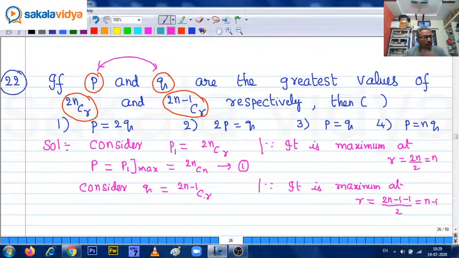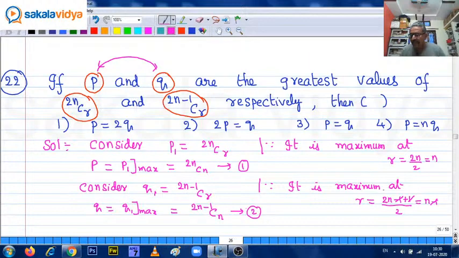Otherwise, taking even n plus 1 also, you get n. So this will be Q1. Q is equal to Q1 maximum. The Q1 maximum will be 2n minus 1 Cn. Say this is equation 2.